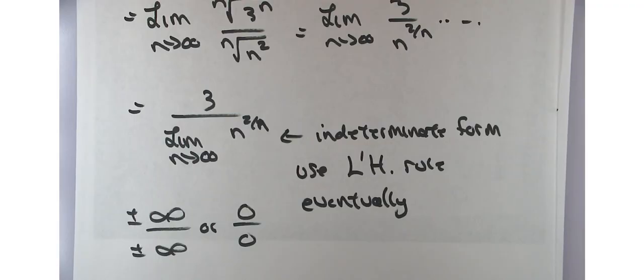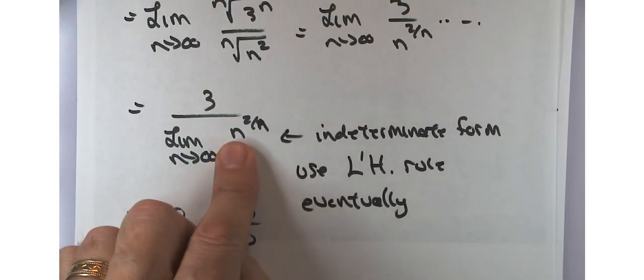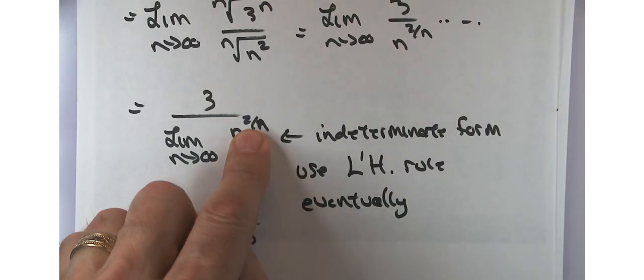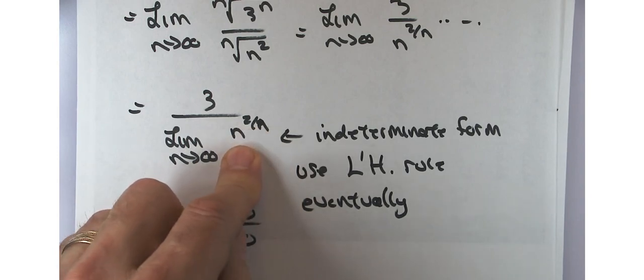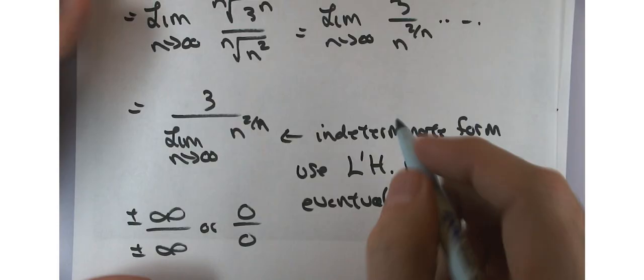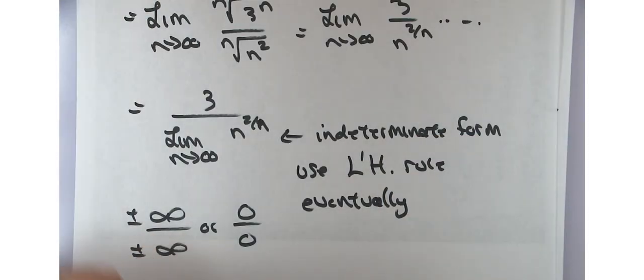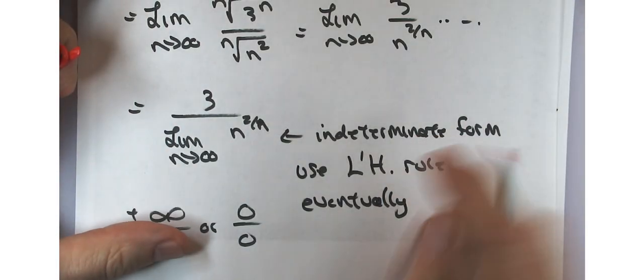Cameron? I'm just a little confused. Why isn't the answer just 0? I mean, because n is going to infinity. Well, the exponent is going to 0, but the base is going to infinity. So if you were trying to put this in your head, what you're going to get is an indeterminate form, but it's not the one that you use for L'Hopital's rule.